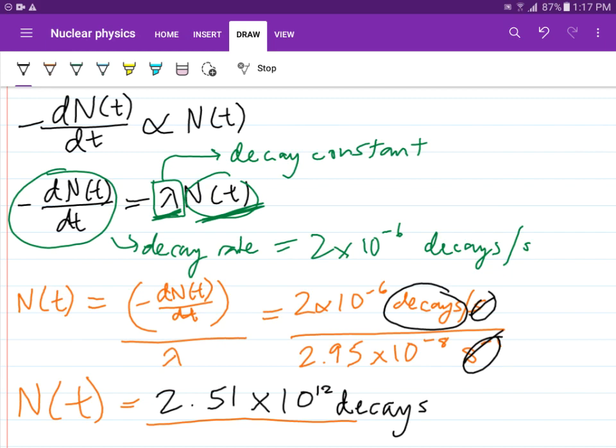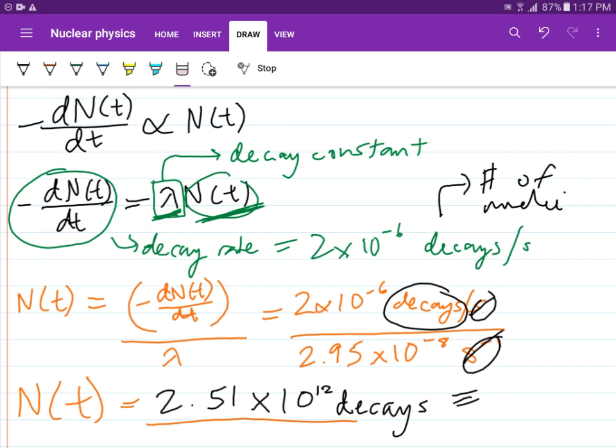You can think of these decays as equivalent to the number of nuclei, because we quantify decays by number of nuclei.